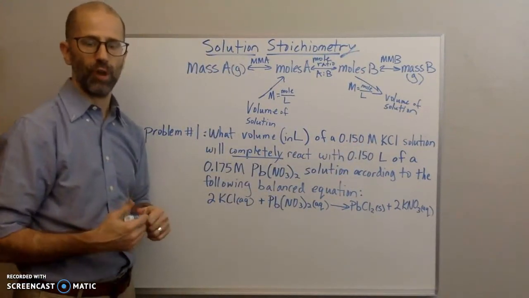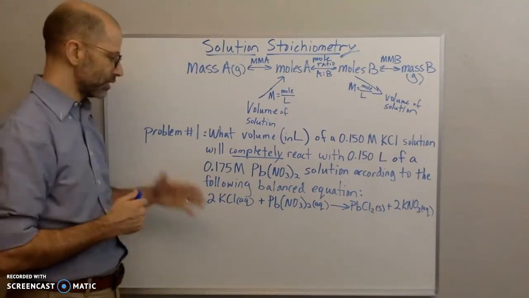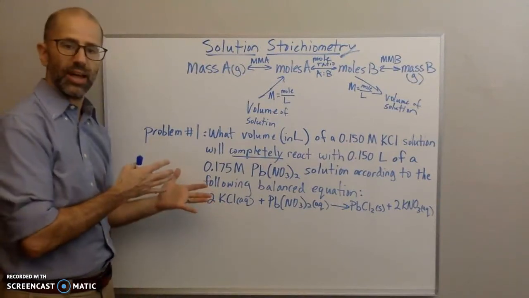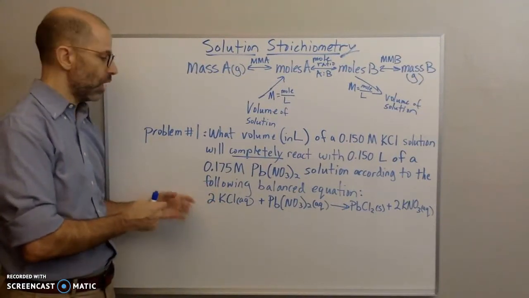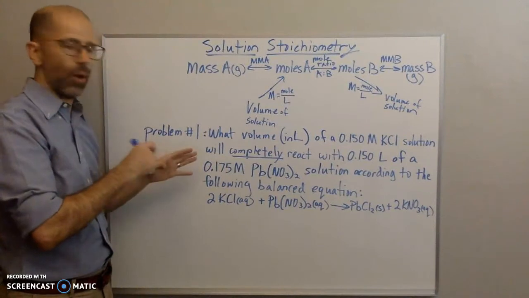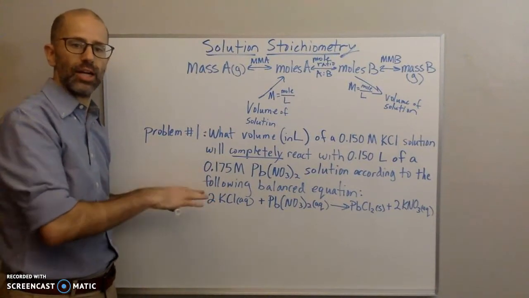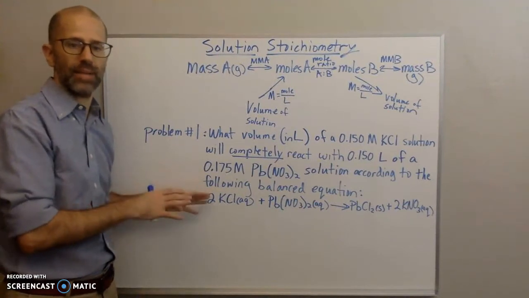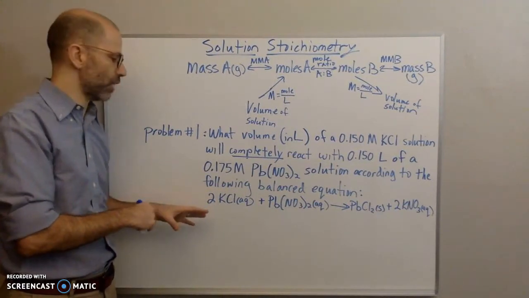So we want to find the volume. In this case, you're going to start with the information they give you. Anything that's a molarity, you're not going to start with, because that's used as a conversion factor. And 99 times out of 100, you're not going to start with a conversion factor.